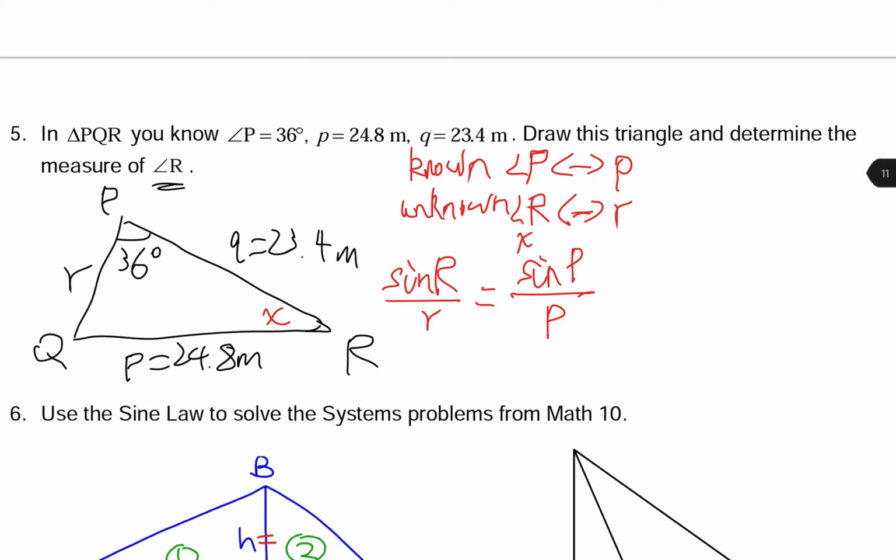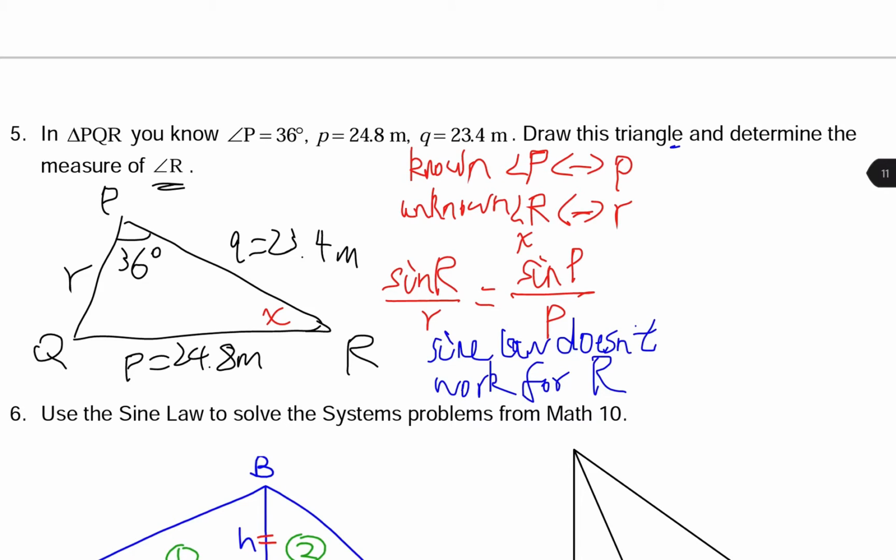I'll change color to blue. So sine law doesn't work, at least for R. So what can we do instead? Well, if sine law doesn't work for R, what can we find instead?